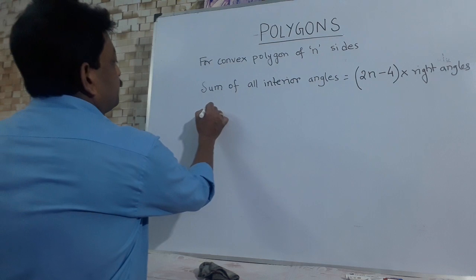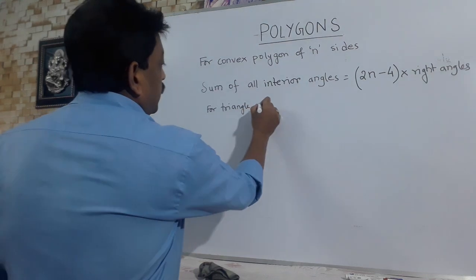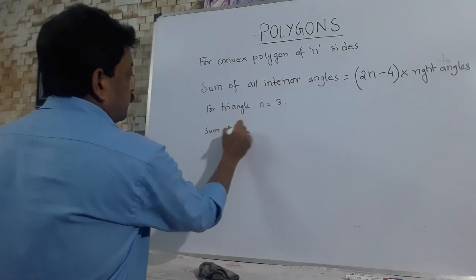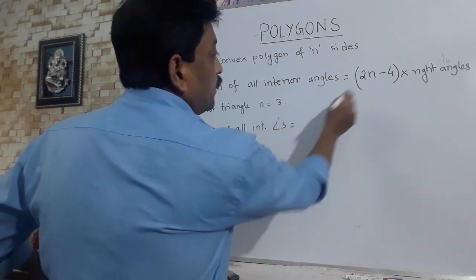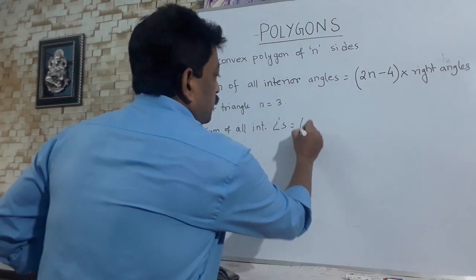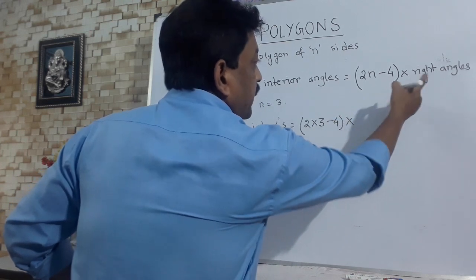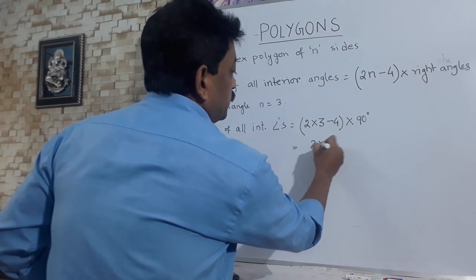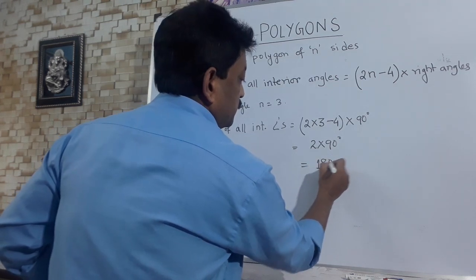Now let us take a triangle. For a triangle, n is equal to 3. So the sum of all interior angles equals, we have to replace n by 3, so it will be 2 multiplied by 3 minus 4, into right angles, meaning 90 degrees. 6 minus 4 is 2, 2 into 90 degrees, that is 180 degrees.